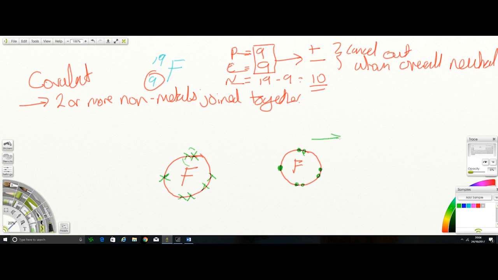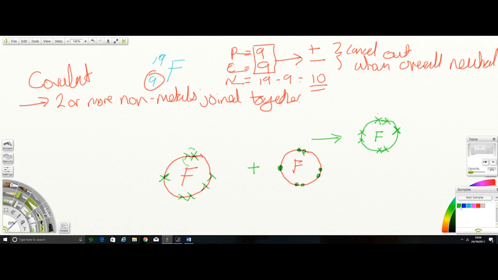So I'm going to make an arrow. When you have these two together and you add them up, you're going to have this situation where you have fluorine number 1. Right, so let's draw that. 1, 2, 3, 4, 5, 6, and here's my 7th electron. I'm doing it this side, but I could have done it any side; I've just chosen the lonely electron to be on this side.